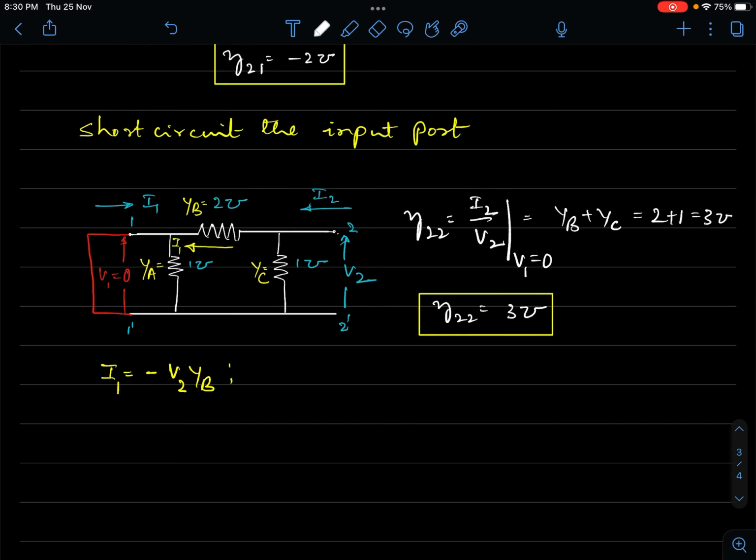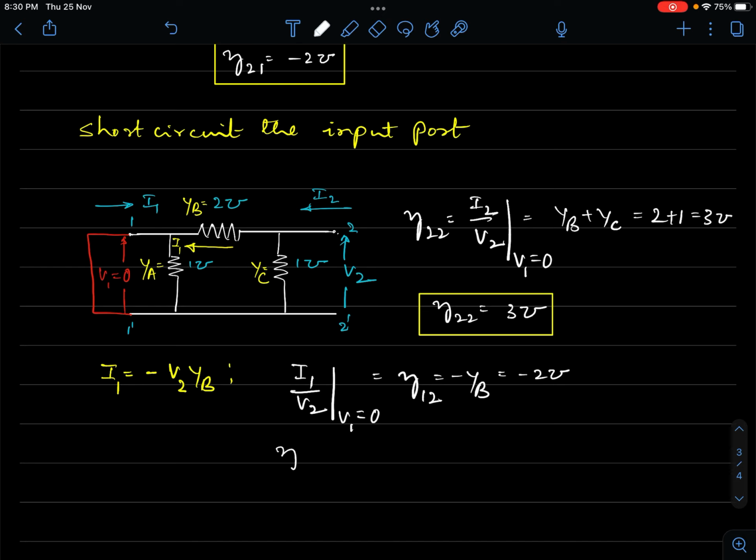Okay, so if we go ahead, now this is I1 to V2 with V1 0, which we call Y12, and this is equal to minus YB, which is simply minus 2 mhos.